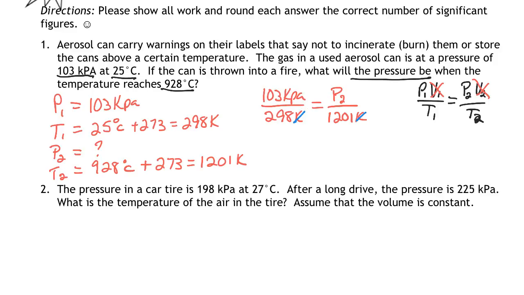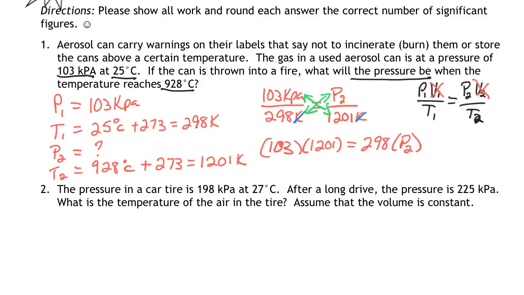Remember when you were in algebra, in order to solve a problem with an unknown, with 2 fractions, you're going to cross multiply to get your answer. Which means when I do this problem, it's going to be 103 times 1,201 equals 298 times my unknown.